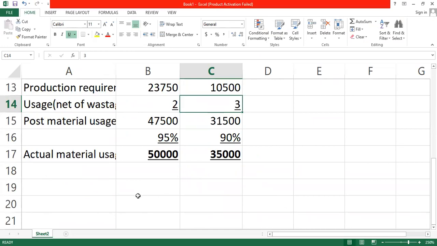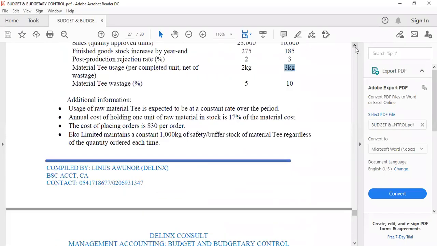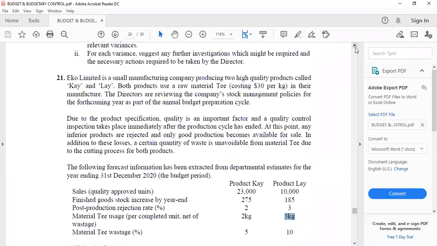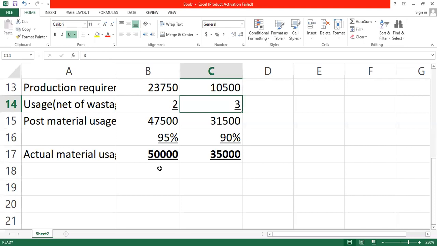If you want to do it in value, what do we do? We multiply by the price rate per kg. So the rate per kg is what? It's 30, isn't it? Costing 30 per kilogram. So you multiply all of them by 30.